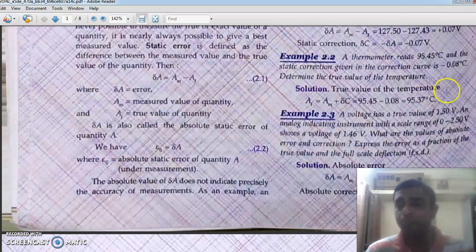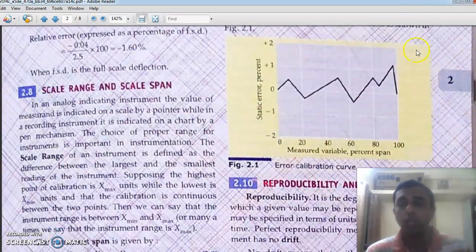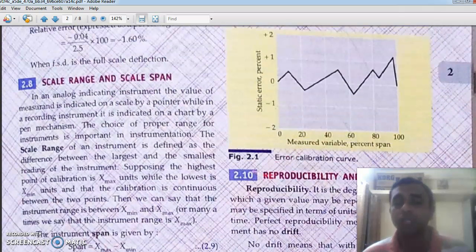Okay. Now, that is all about static error and relative error. Then this curve is very important. You have to plot such a curve in many of the experiments in the measurements lab. This curve is called the error calibration curve, or simply calibration curve. Calibration I already explained in a preliminary way. That is, you have some device, some measuring apparatus in your hand.